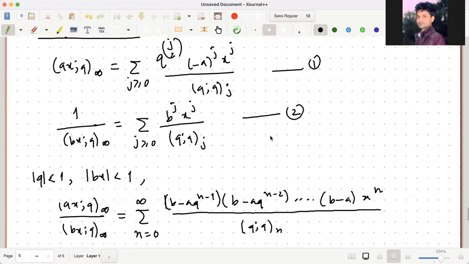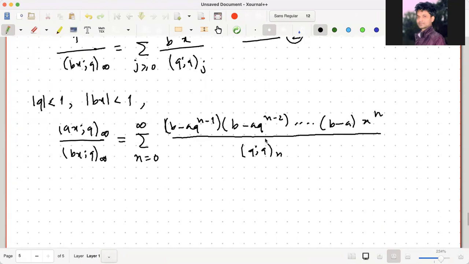If you multiply 1 and 2, then you are already getting the left hand side, and for the right hand side you just need to use Cauchy's theorem: the product of two infinite power series is another infinite power series, and the coefficient is given by Cauchy's product. We have already used this once. The coefficient should remind you of Rothe's q-binomial theorem, and then we use it to get the form that we wanted.